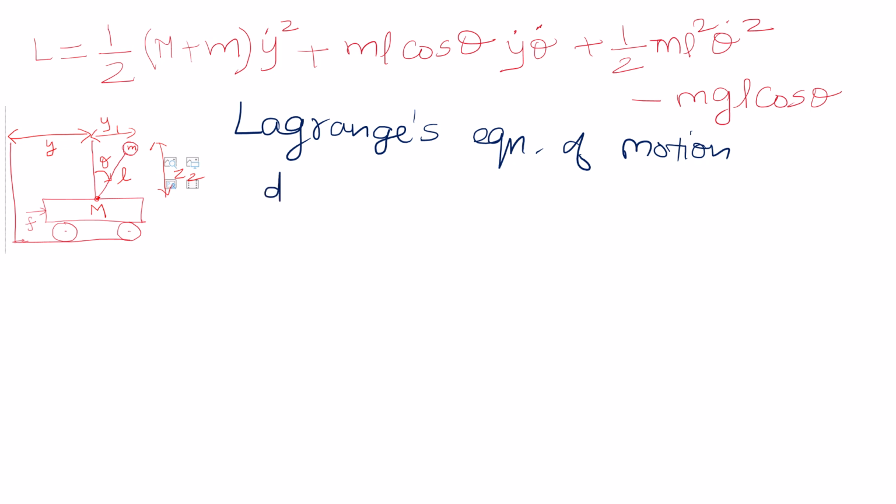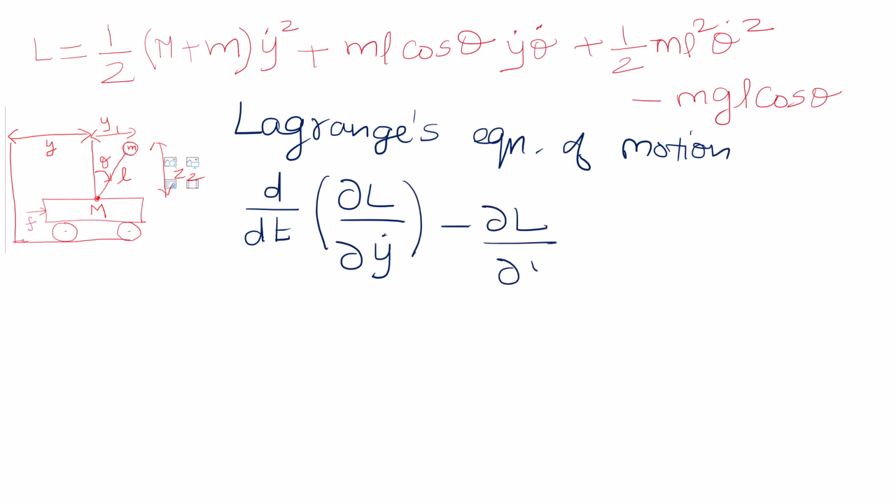Here it will be d by dt of dou L by dou y dot minus dou L by dou y is equal to F, where F is the applied force to the system as shown in the figure here.